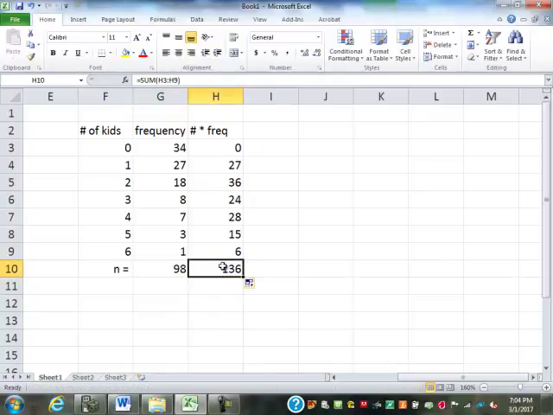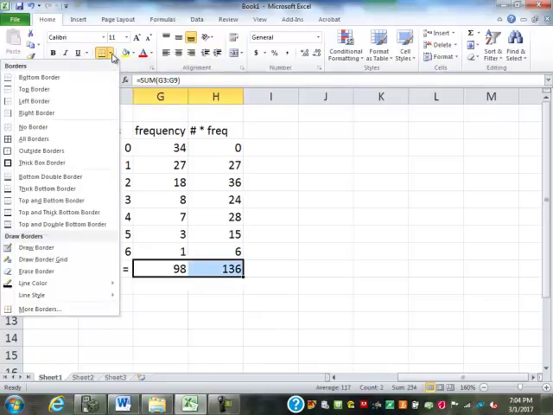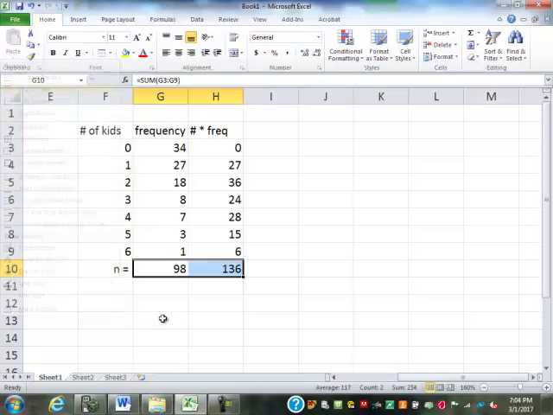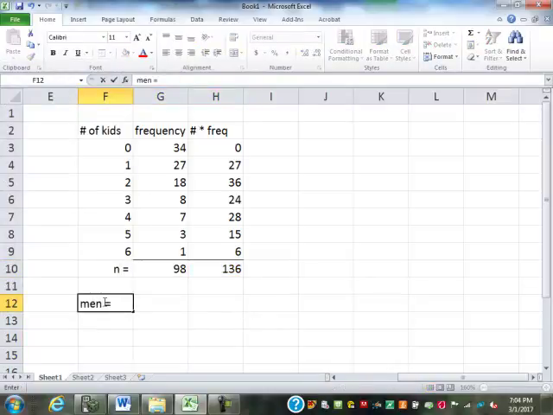If I add those all up, I get 136. So my mean is found by dividing 136 by 98. So I have a mean of 1.38. I would probably round that to 1.4. Remember we said round your mean to 1 decimal place past the data.